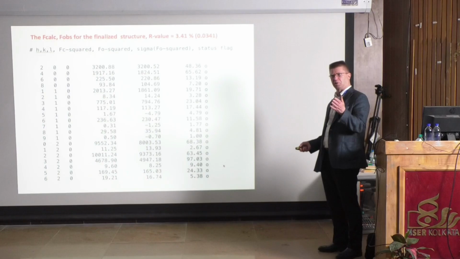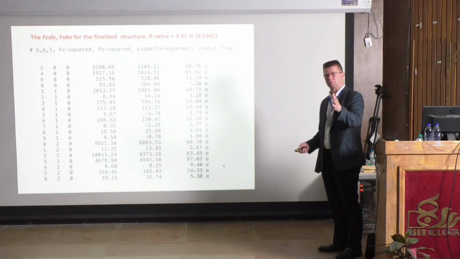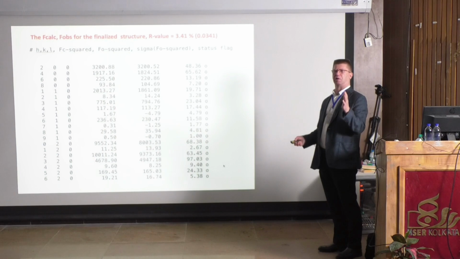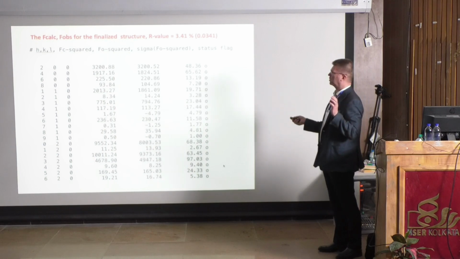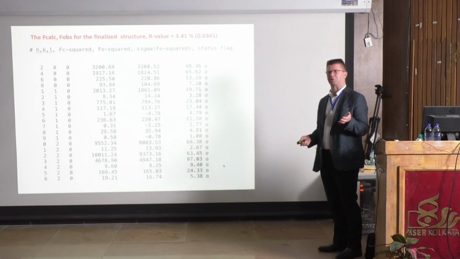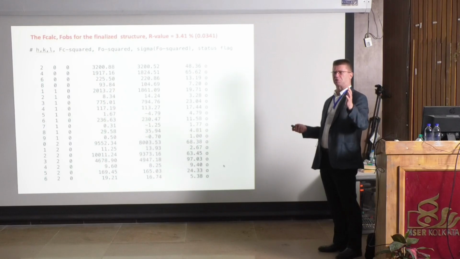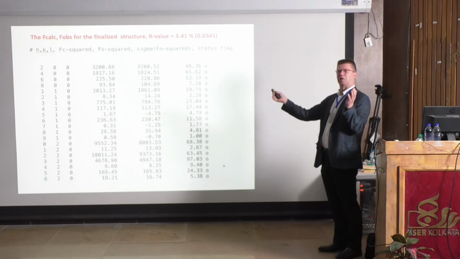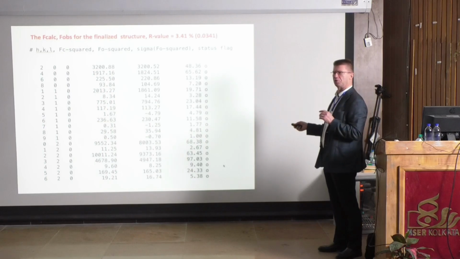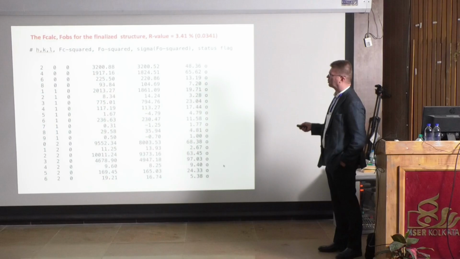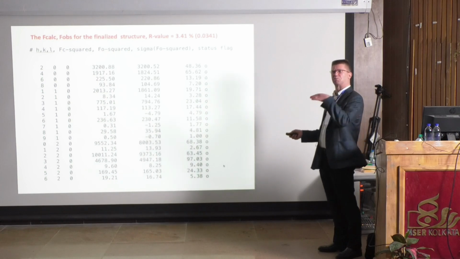So what we are doing here is making a model, and from this model we calculate the intensities. So the intensities are actually so-called structure factors. I didn't show the mathematics for this, but don't worry, the computer is doing that. So now our model we can use to calculate the structure factors, which are also obtained from the data. And then this comparison is the R value. The closer our calculated, which is our model, and the observed, which is measured, are, the smaller is the R value.